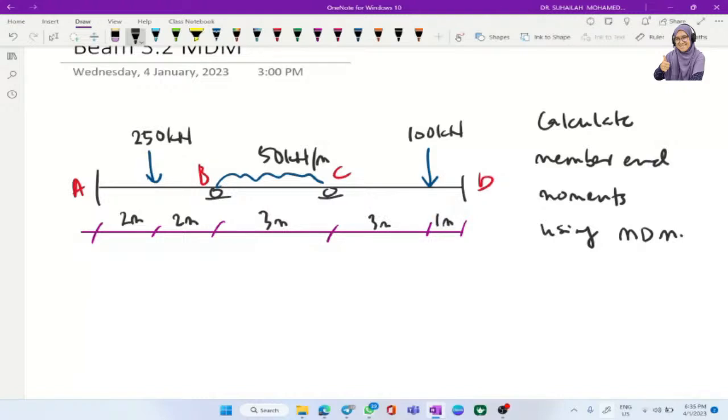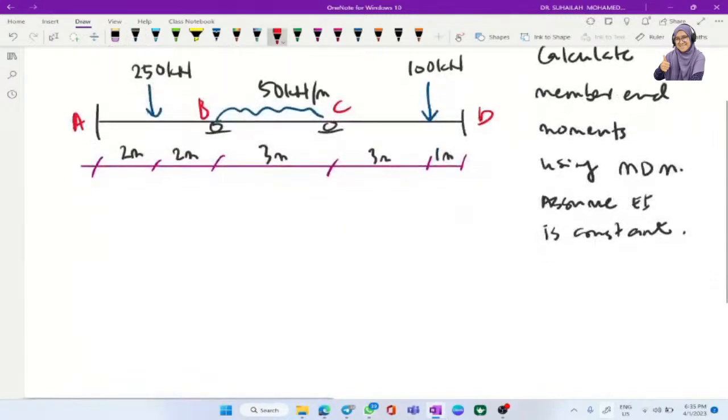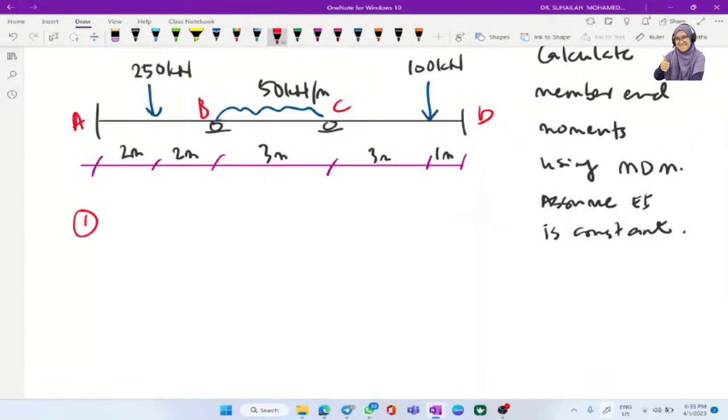Okay, so we are going to analyze this. Assume EI is constant. So for the procedure, number one, we have to calculate K and DF.